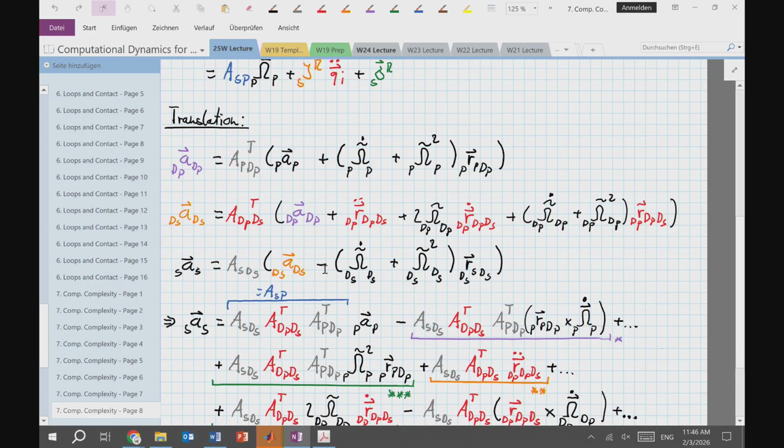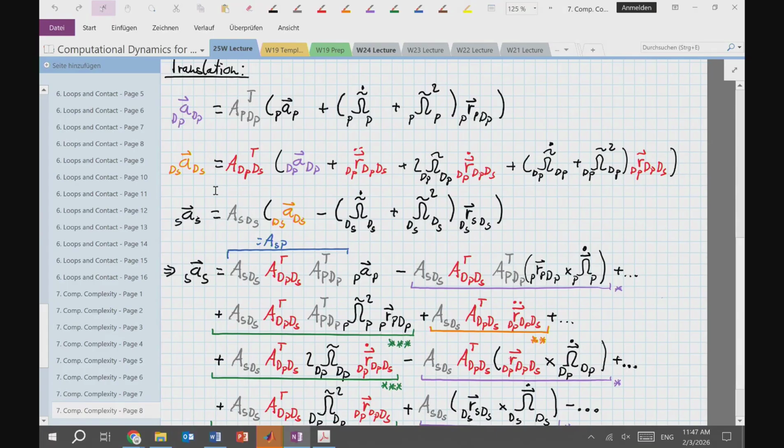These 2 steps are almost the same, apart from the sign, which comes from the fact that in our description of the joint we go from successor to successor joint coordinate system, but as we move through the kinematics, we go in the opposite direction. And this expression has these extra terms which account for the acceleration across the joint and some bias terms across the joint and so on.